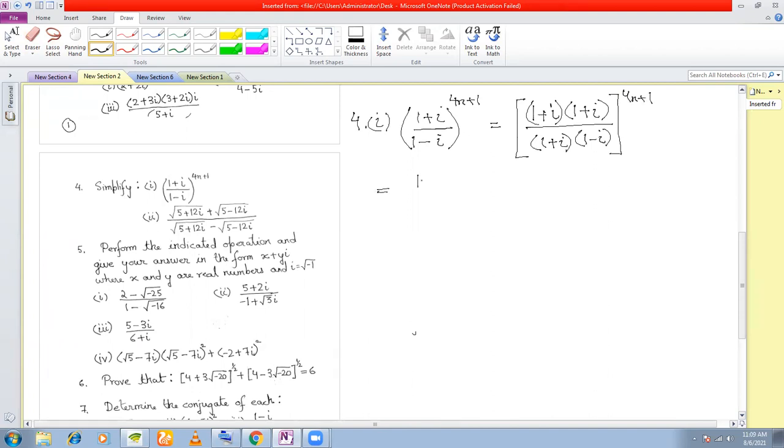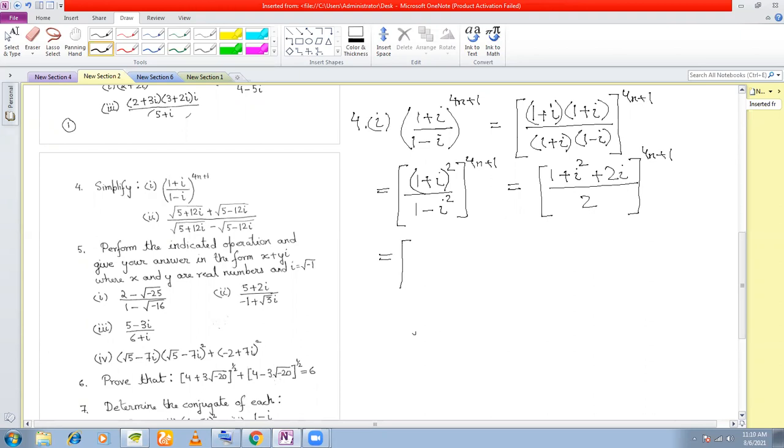So now this is 1 plus i whole square. And in the denominator, you have a plus b into a minus b form. So this becomes 1 minus i square. Now numerator, you expand by a plus b whole square formula. You get 1 plus i square plus 2i divided by i square, put i square is equal to minus 1. You get 1 minus 1, which is 2, to the power of 4n plus 1.